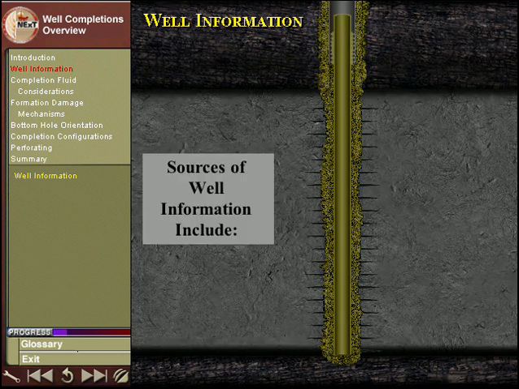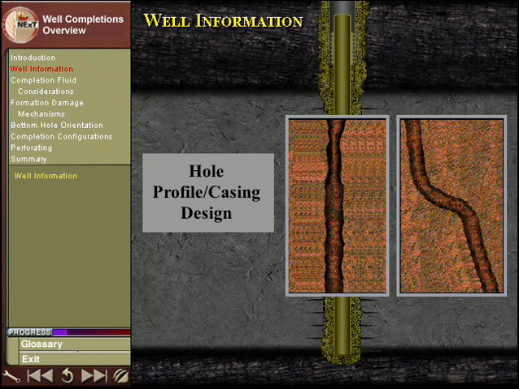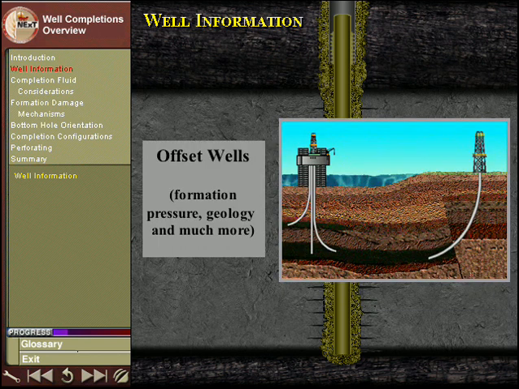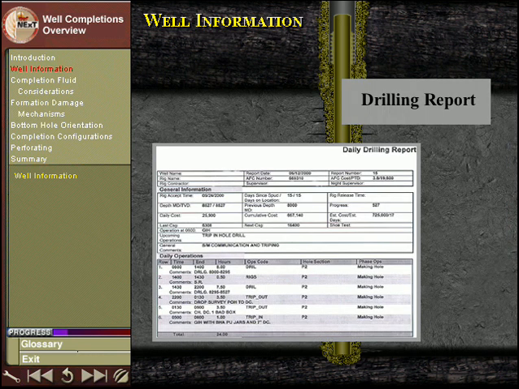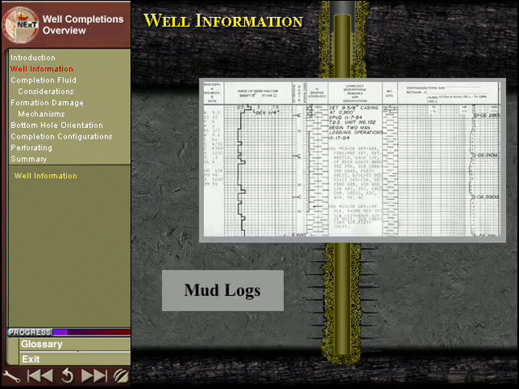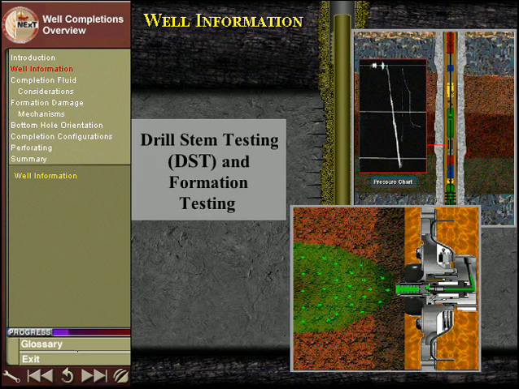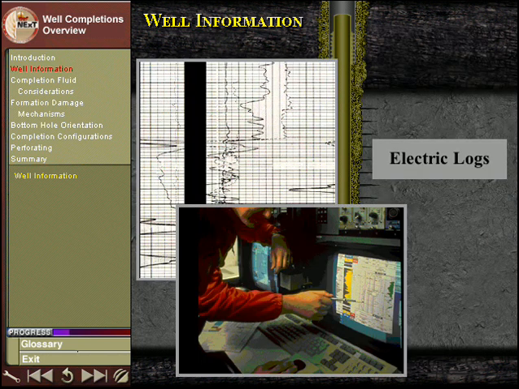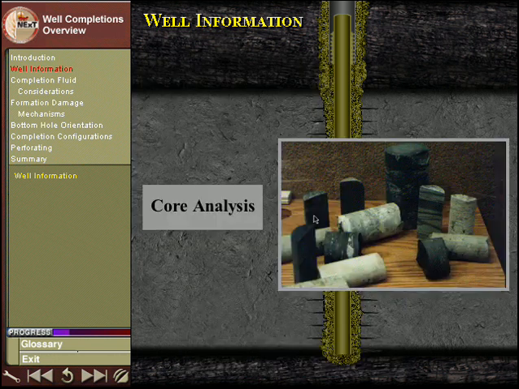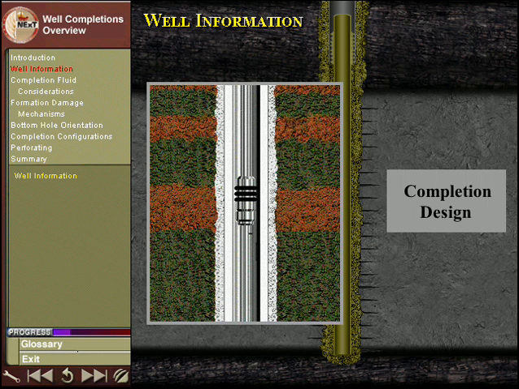The sources for this information include hole profile and casing design, offset wells, drilling report, mud logs, drill stem testing, also called DST, and formation testing, electric logs, core analysis, and completion design.